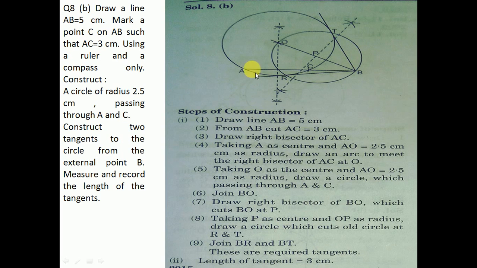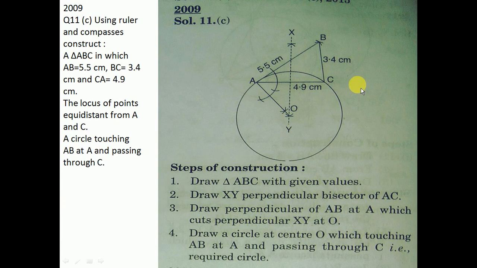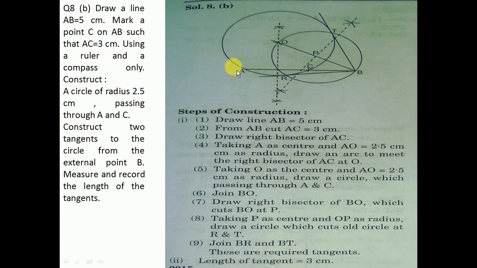Now bisect this AC. You are getting a locus of points which is equidistant from both A and C. You have got it, right? Since you can draw any circle that passes through A and C, but they want a circle which is 2.5 cm in radius, keep the compass at A or C and cut 2.5 cm.